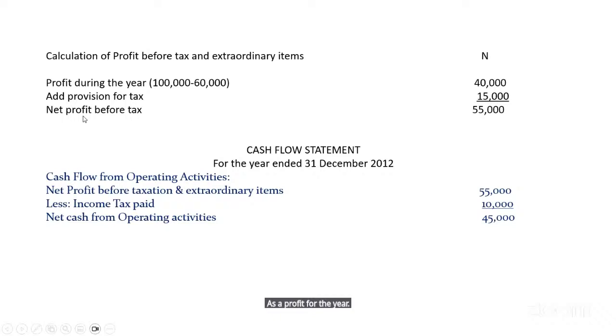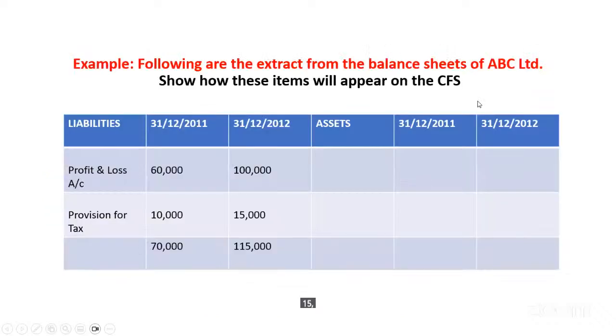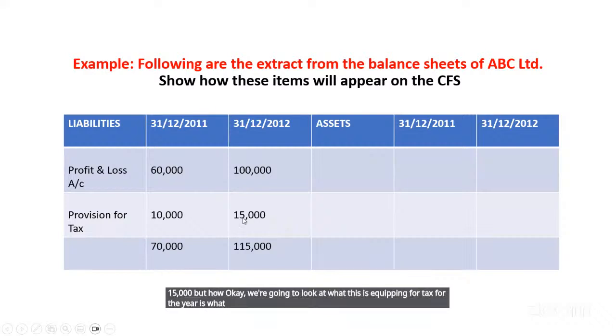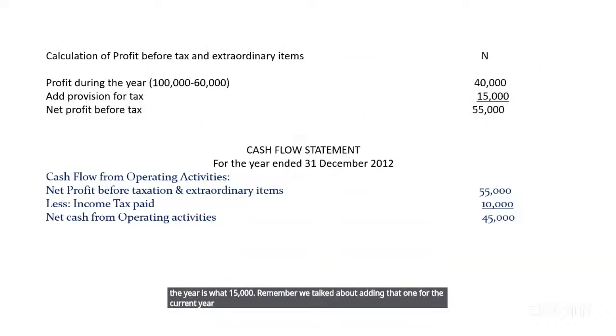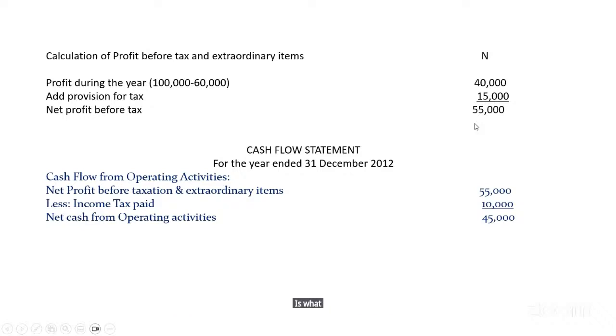Then we add the provision for tax. The provision for tax for the year is 15,000. Remember, we are adding the one for the current year, 15,000. When you add it, net profit before tax is 55,000 naira.